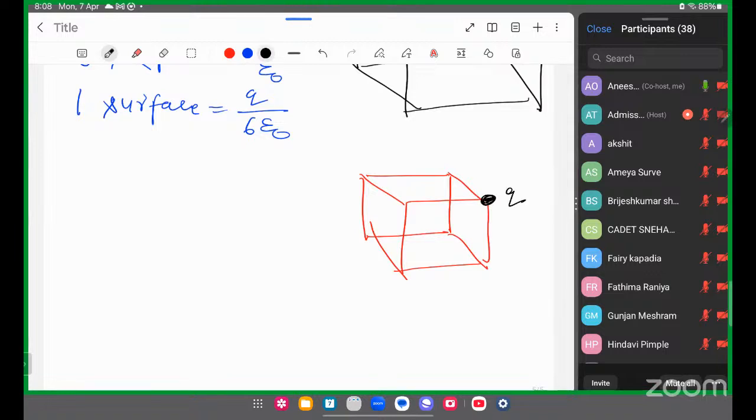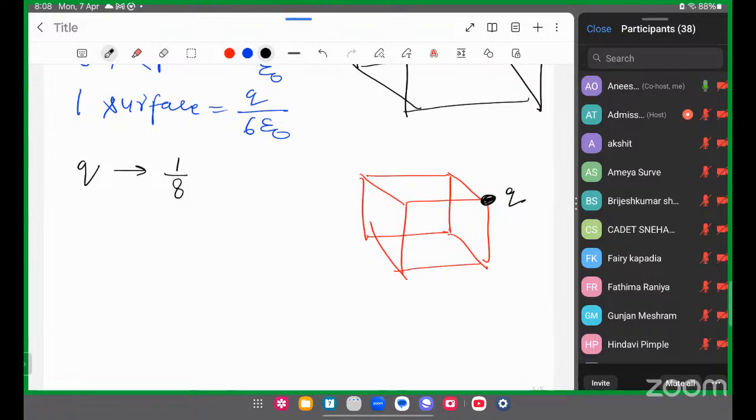What will be the electric flux in this case? So in chemistry, in solid state, you are told that any atom at a corner will give only 1 by 8 part of itself, which means if there is a charge at the corner, it will give only 1 by 8 to the cube and 1 by 8 to another cube adjacent to this cube.